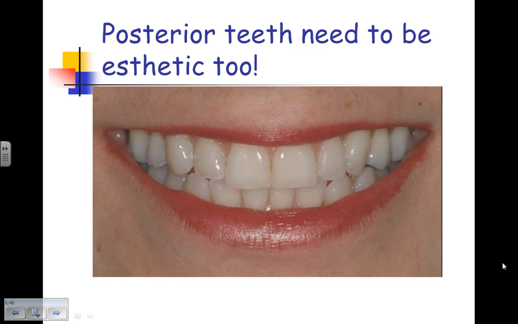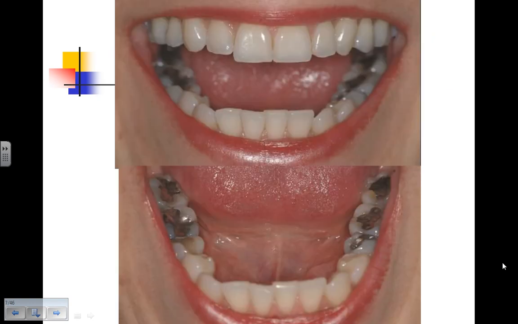And keep in mind, patients will also come in wanting to have amalgam restorations replaced with white fillings, with composites, because they themselves want to achieve an aesthetic result. When you look in the posterior teeth, you can see in this circumstance that having these amalgams was not aesthetic to this patient. She was embarrassed she had these fillings and wanted them replaced with composite.